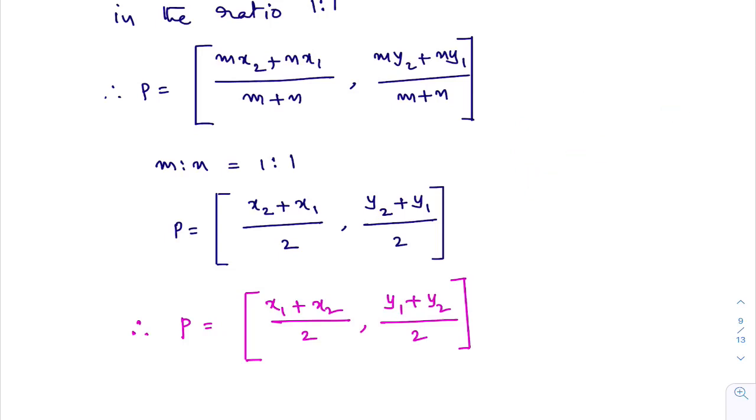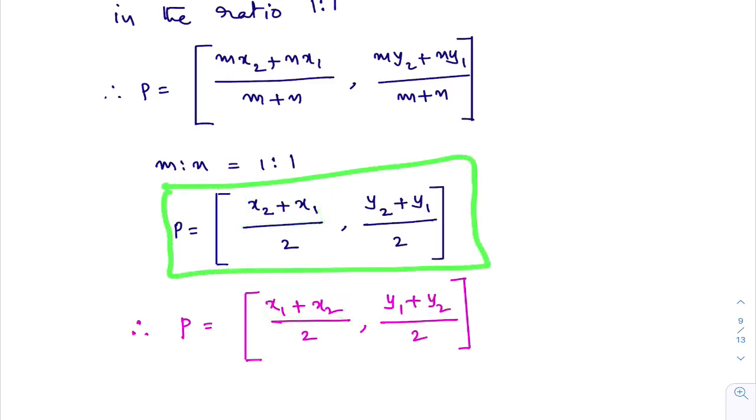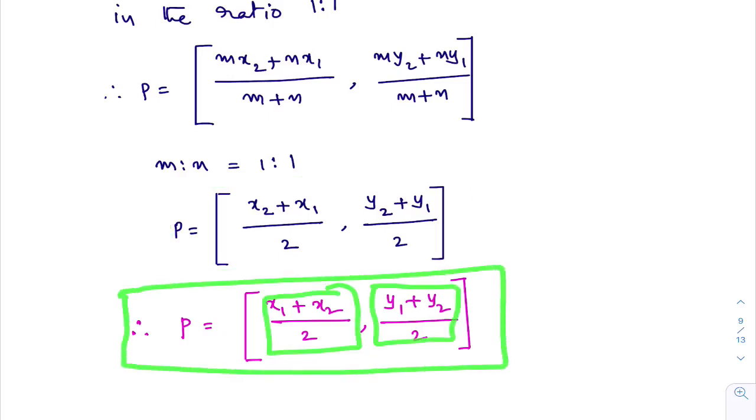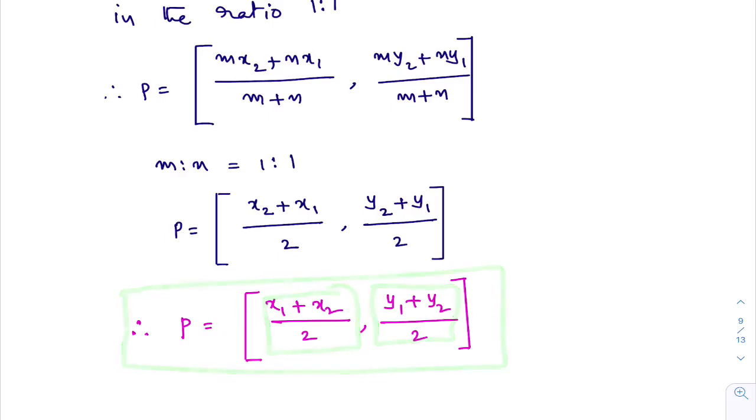A plus b is same as b plus a. So here x2 plus x1 is same as x1 plus x2. You can write the midpoint formula as ((x2 plus x1) by 2, (y2 plus y1) by 2), or simply you can write like this also, ((x1 plus x2) by 2, (y1 plus y2) by 2). These are the coordinates of point P. I hope you are understanding.